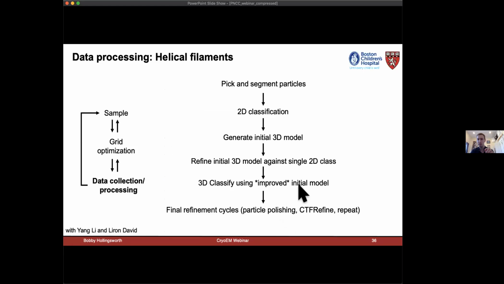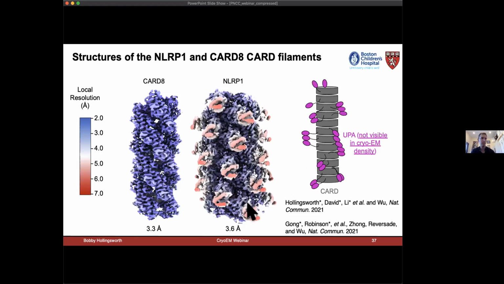And we low pass filter that new model and use that new density for 3D classification with all of the good 2D classes. Then finally, we pick several of these 3D classes that look good, do refinement cycles with particle polishing and CTF refinement until we get the best structure that we can achieve.